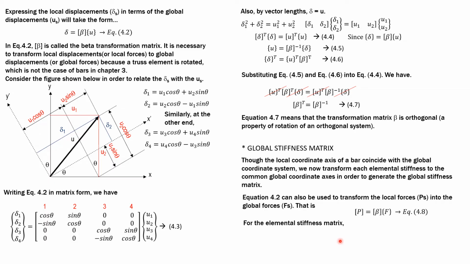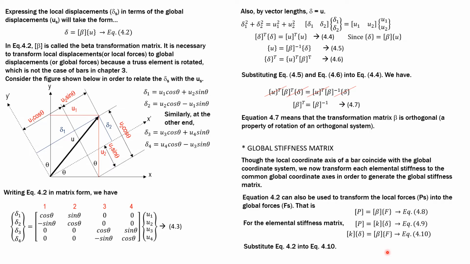Take note of the similarity. Then for the elemental stiffness matrix, P is equal to K times delta, and delta is equal to the beta matrix times u. This P here from equation 4.8 is equal to the beta matrix times the force matrix.